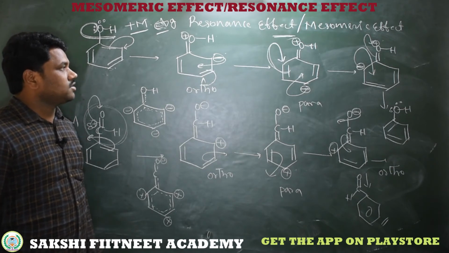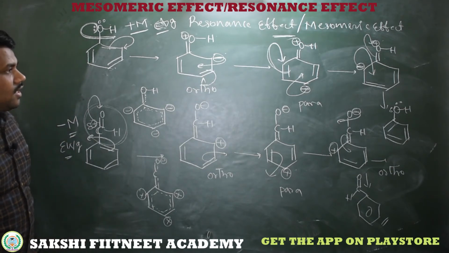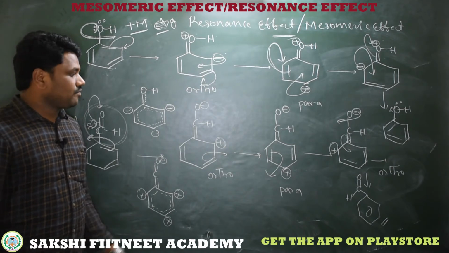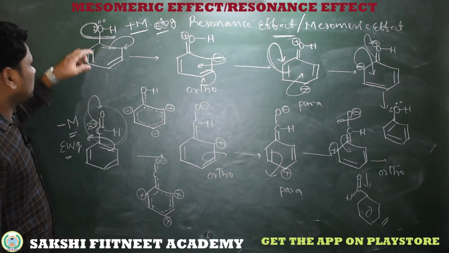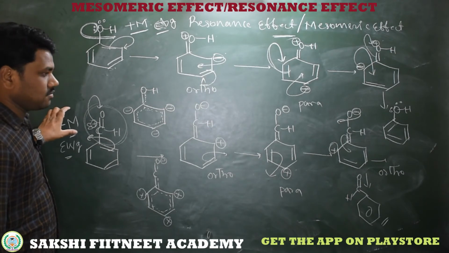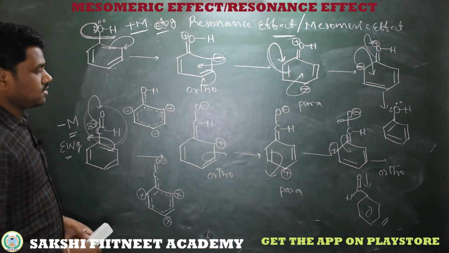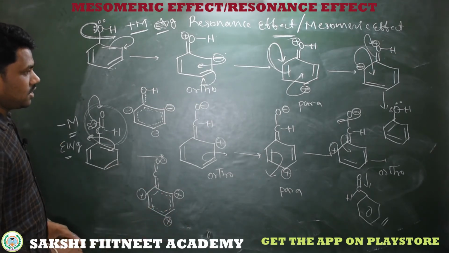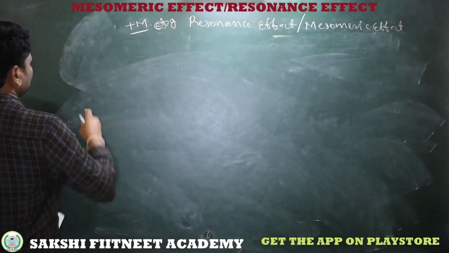So this is the importance of the mesomeric effect in electrophilic substitution reactions. Here I am taking some more examples of plus M substituted benzenes and minus M substituted benzenes. Then we will discuss the electrophilic substitution reactions, that is the common path.